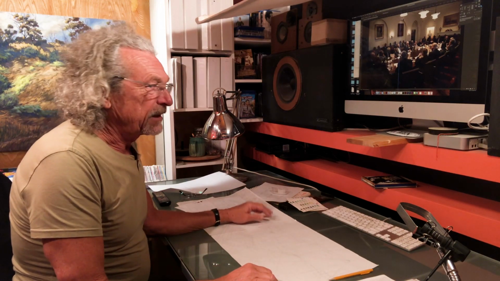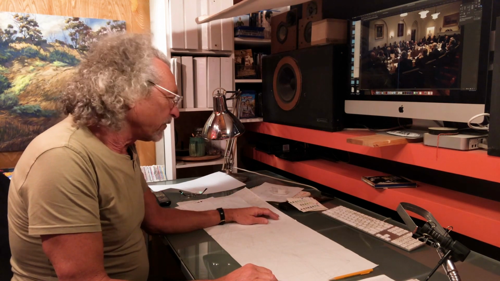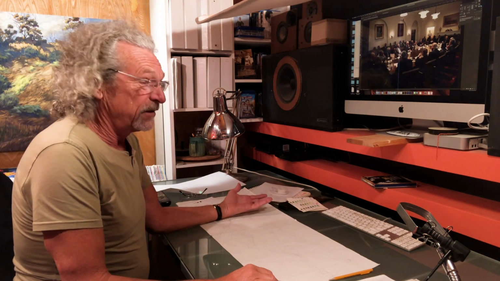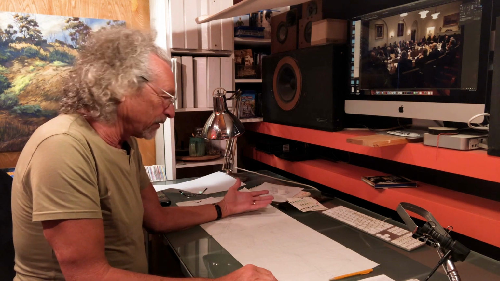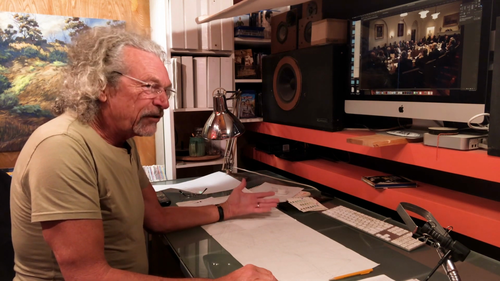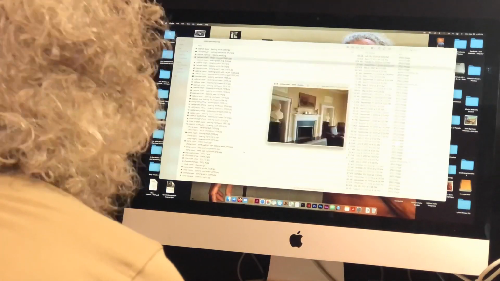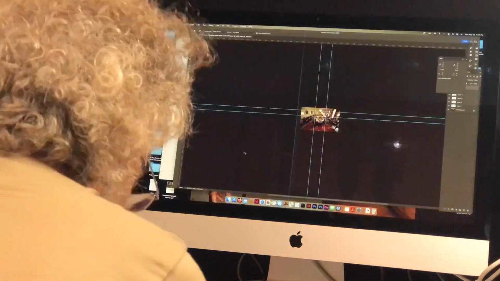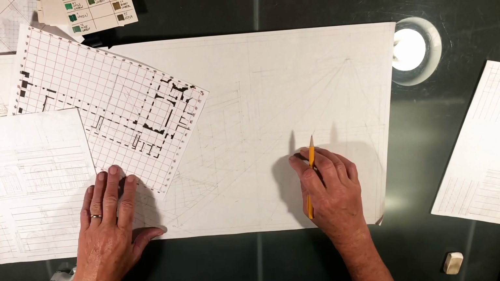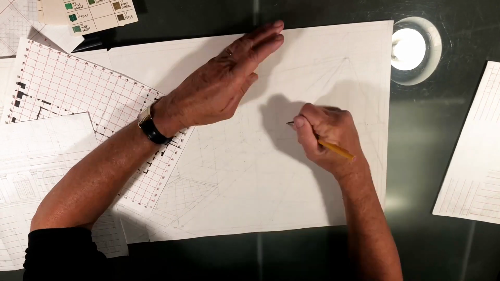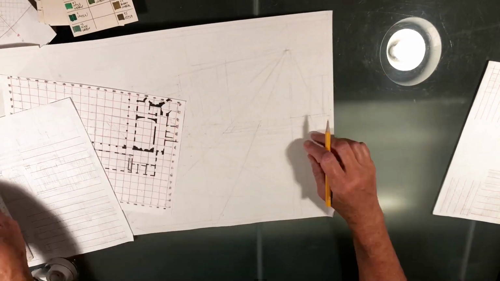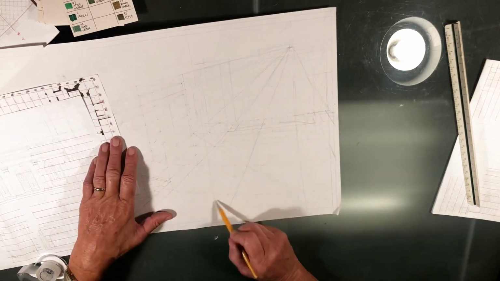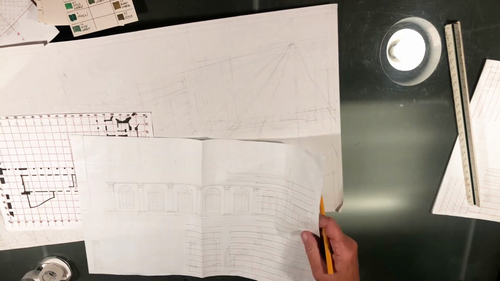The trouble with that is that, like every other aspect of both the East and the West Wing, because I don't have good plans for them, I have to double check everything. The thickness of walls, the height of ceilings, the proportions of how the rooms are shaped, and I need to double check to make sure that my proportions of the cabinet room are correct before I proceed any further.